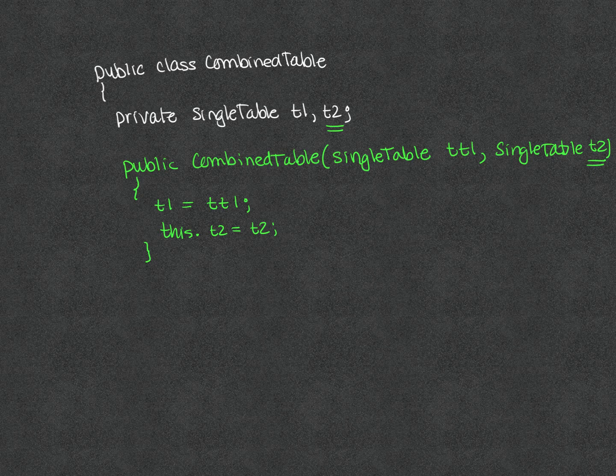The next thing they asked us to write was can seat. Remember, can seat is going to return a Boolean, whether we can seat that amount of people or not. So public Boolean can seat. We pass in an integer of the number of people that we want to seat.